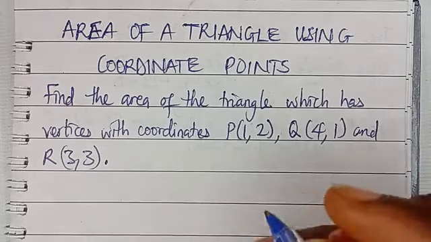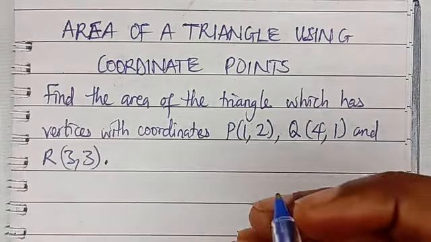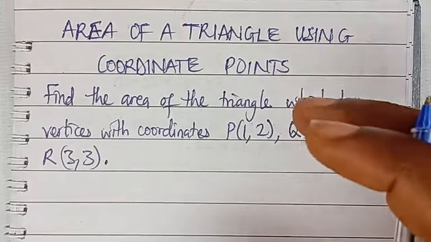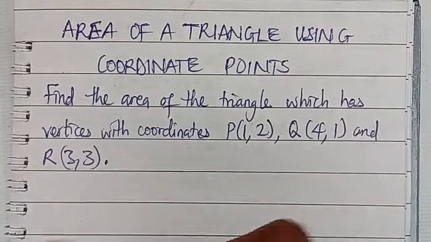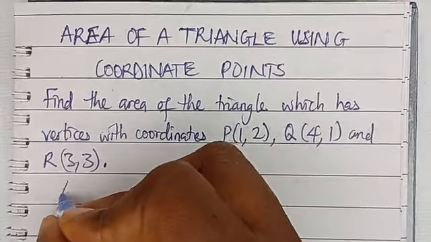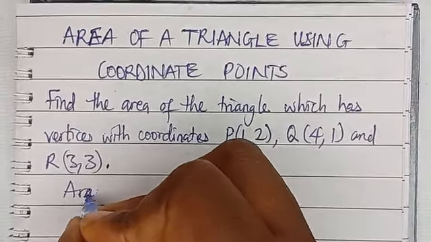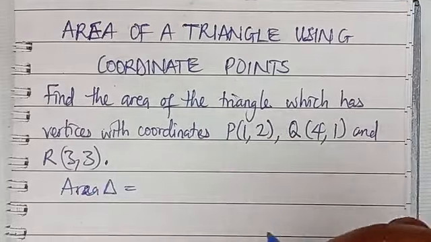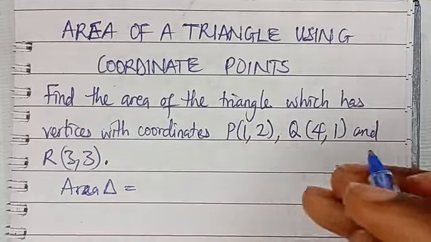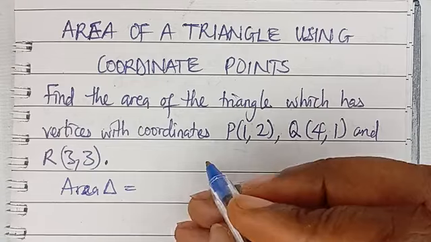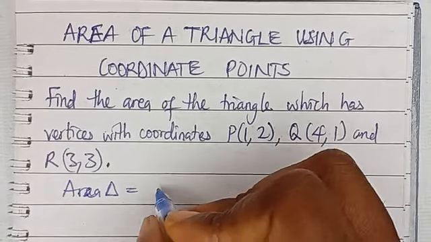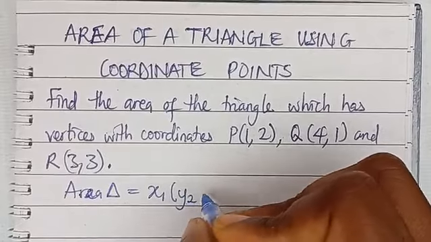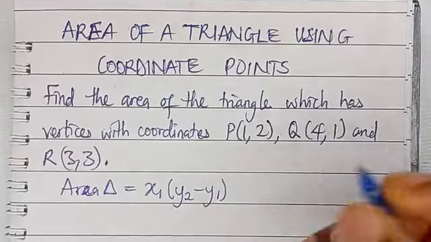To do this, the area of a triangle, when you have the coordinate points of the vertices, is equal to, for those 3 points, you're going to have x1 into y2 minus y1.